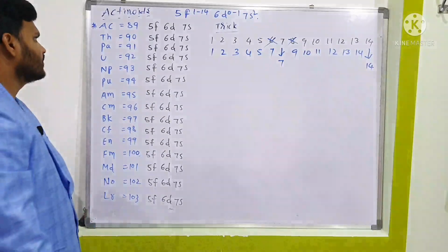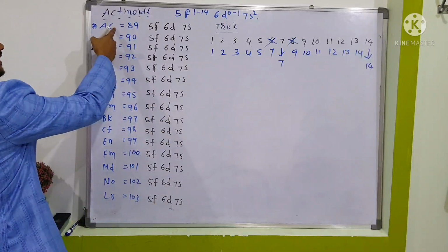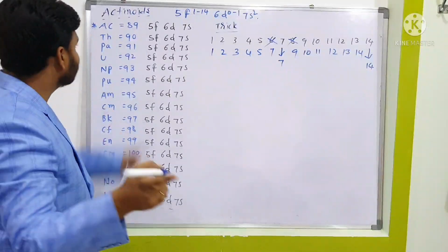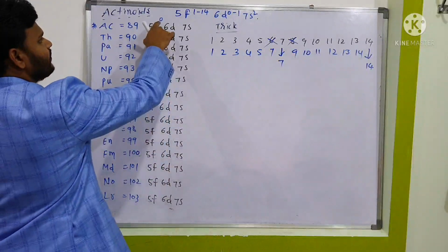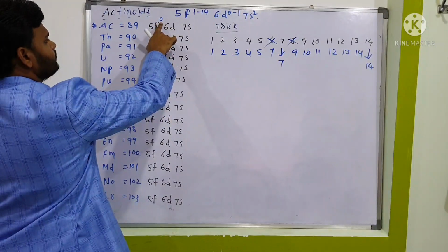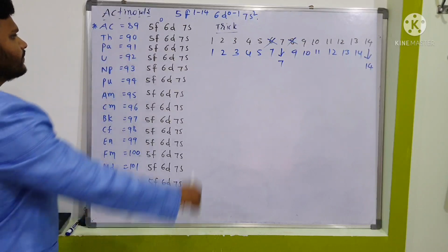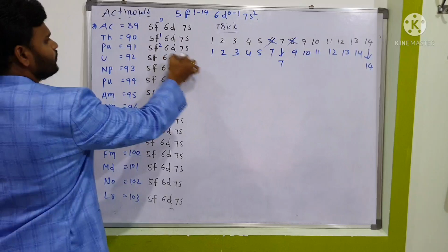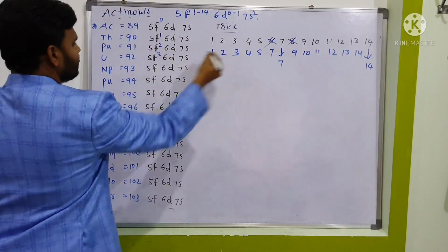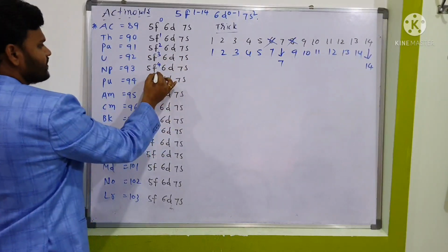Yeah. So here, this is actinium. It is not an f block element. It is a d block element. That's the reason no f electrons, so you have to write 0. What about this one, thorium? 1 means 1, 2 means 2, 3 means 3, 4 means 4, 5 means 5.